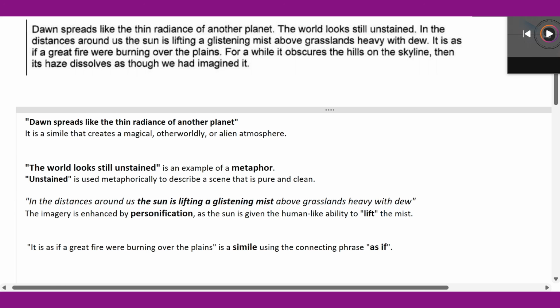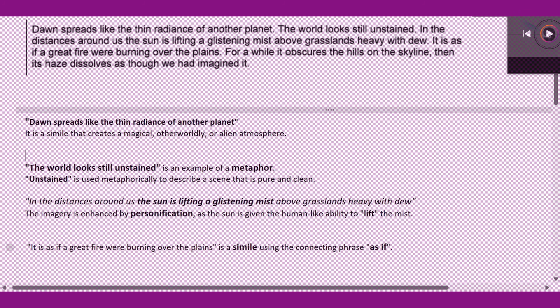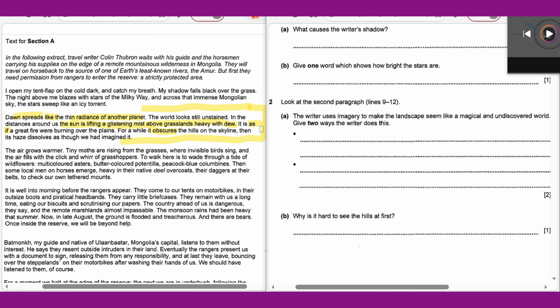This is personification, and the sun is given the human-like ability to lift the mist. While the next one is: it is as if a great fire were burning over the plains. It is a simile as it uses the connecting phrase as if.